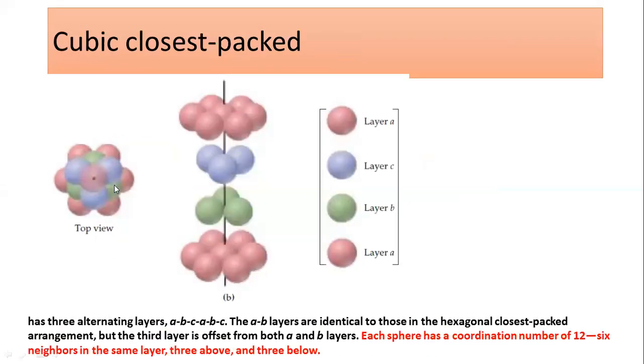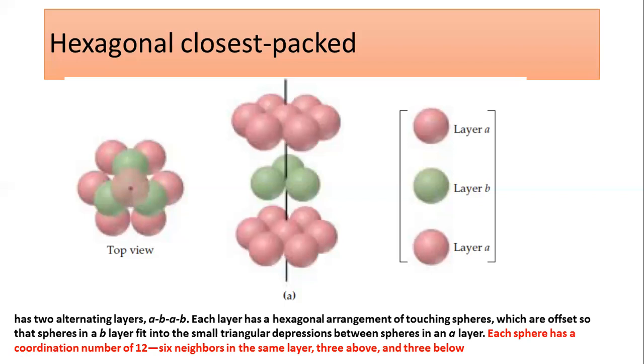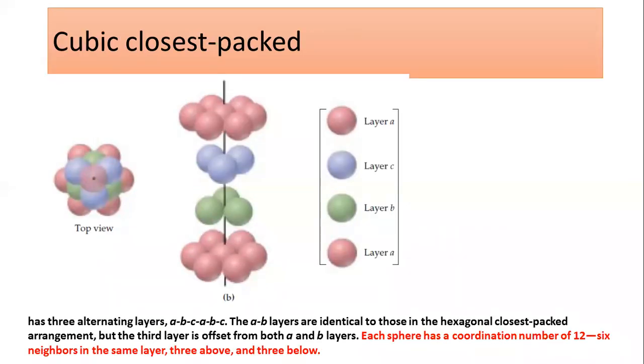So just look at these two shapes; actually there is no change in the space occupied by each ball in the case of the hexagonal closest packing and cubic closest packing. I will clear this concept more in a next slide.